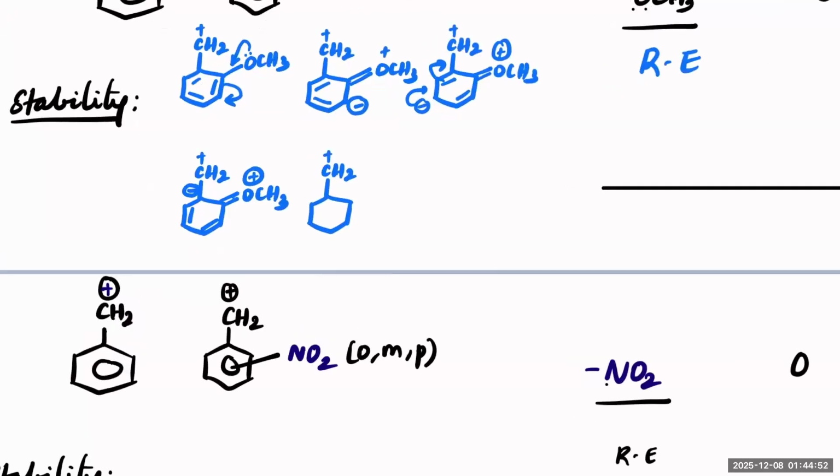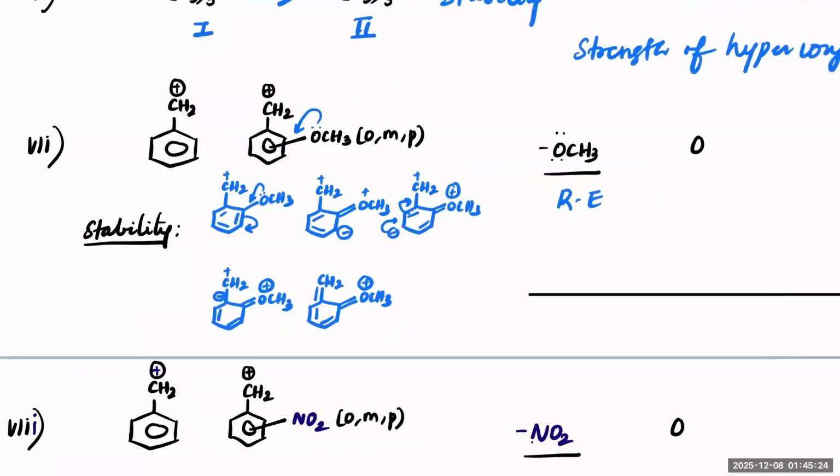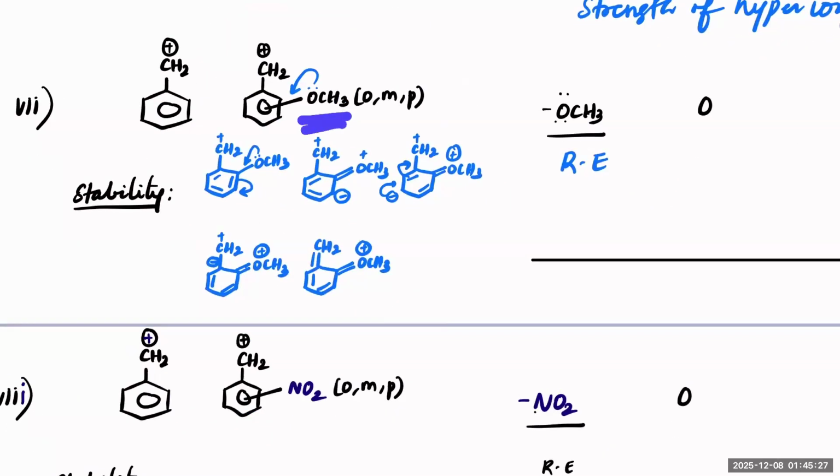Likewise, the last case also, you can notice that this positive and negative charge can make a double bond formation here, like this, CH2 plus. So what we notice is that we made a carbocation and a negative anion here, both to make it into a pi bond formation. Okay. So I guess you understood, if it is at an ortho position, it is very much helping the carbocation to get more stabilized.